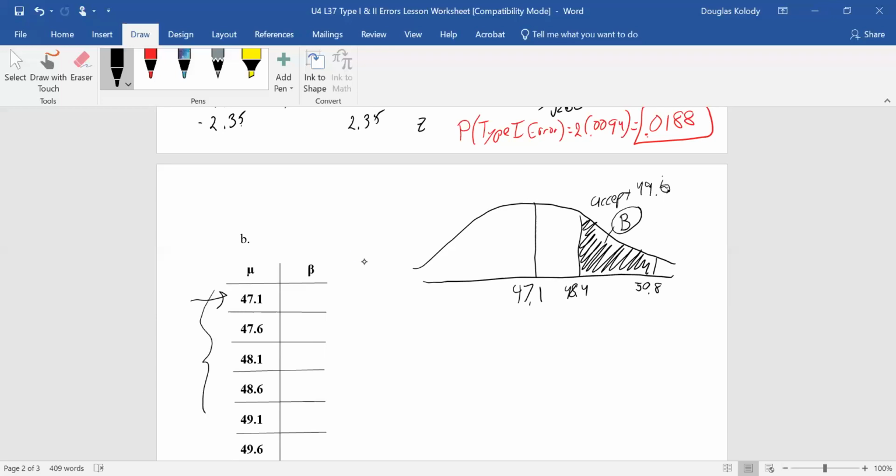So we have to find two z-scores here. It's going to be 50.8 minus 47.1 over 8.1 over root 250. And you're going to calculate 48.4 minus 47.1 over 8.1 over root 250.